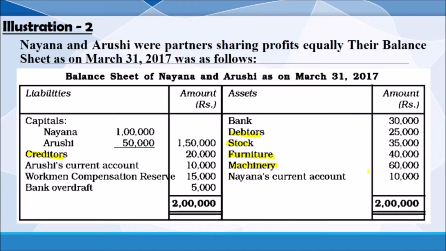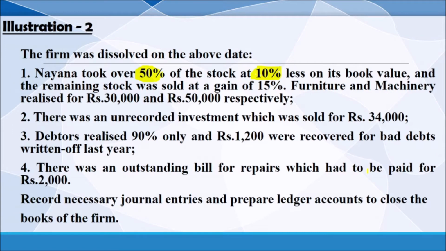Half of the stock will be 17,500, and it is taken at a deduction of 10 percentage. And the remaining stock was sold at a gain of 15 percentage. So remaining 17,500 plus the 15 percentage of that 17,500 will be shown as by bank or cash.